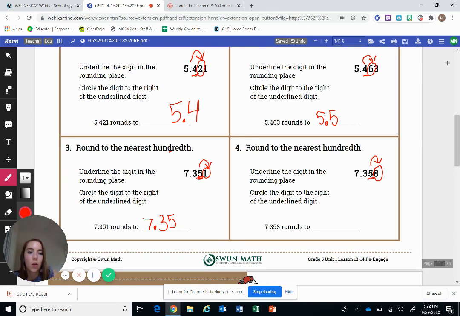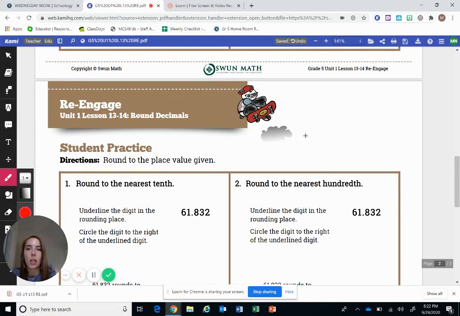So what we're going to do, we are going to add 1 to this 5. So ask yourself, what is 5 plus 1? You know that, it's 6. So our 5 is going to turn into a 6 because it's rounding up. We added 1 more. And we know everything before the underline stays the same. So we are going to write 7 and 36 hundredths.